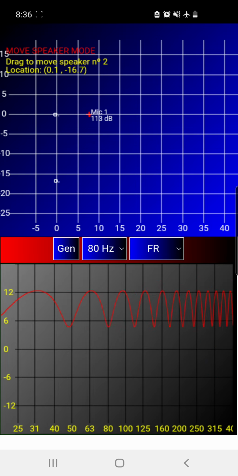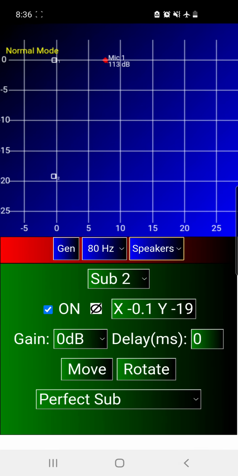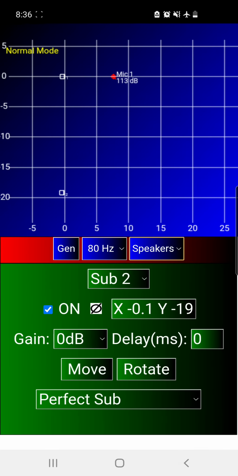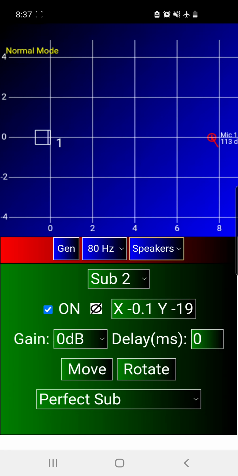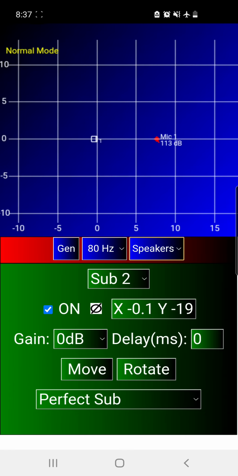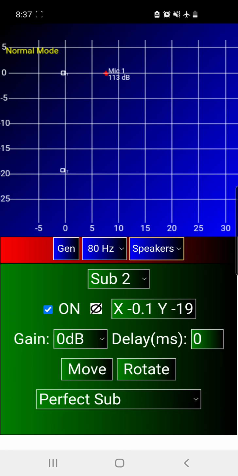Obviously, the reason for this is that speaker number 2 is way farther away from the microphone. Instead, speaker number 1 is near the microphone, but speaker number 2 is very far.